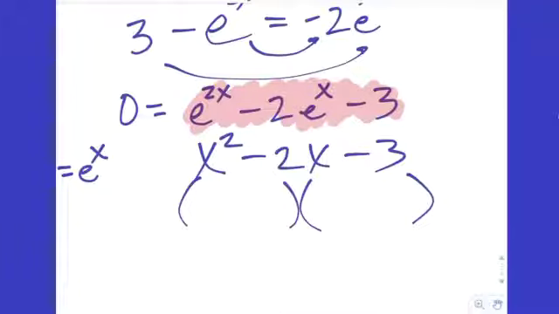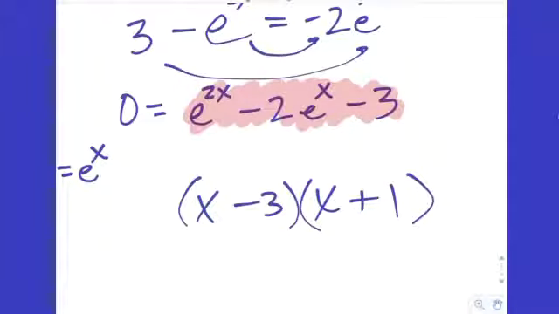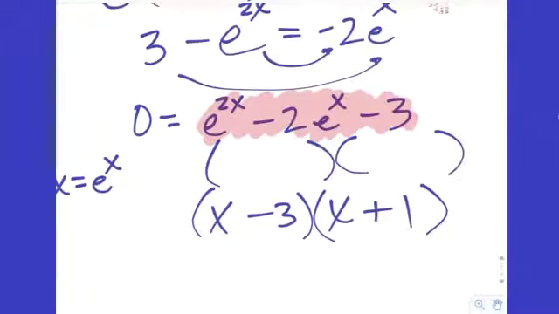So let's go ahead and factor it as if it were an x. That would be an x and an x, and factors of negative 3 that add up to negative 2, or negative 3 and positive 1. Well, guess what? It's going to work the exact same way for us, except instead of x, it's e to the x. So we are going to get e to the x minus 3 and e to the x plus 1.